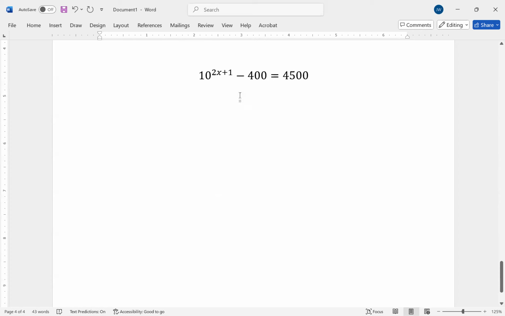Let's do this next one. On this next one, I would start out by adding 400 to both sides. If I added 400 to both sides, I'd get 10 to the 2x plus 1 power is equal to 4,900. Now, in this case, we don't have base e. So what I would do is take the log base 10 of both sides.